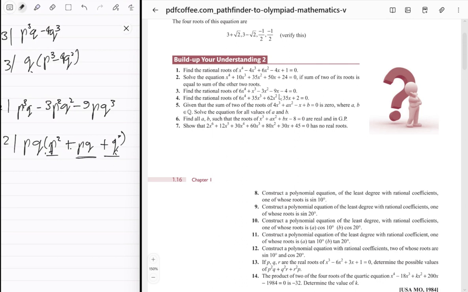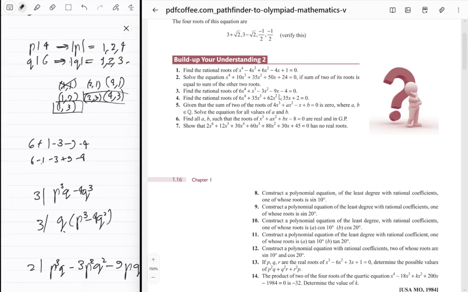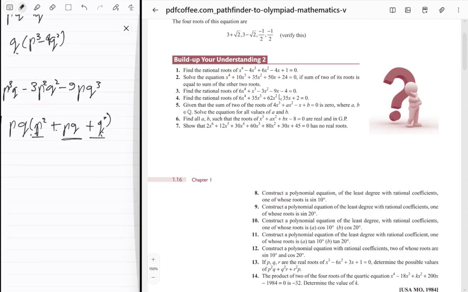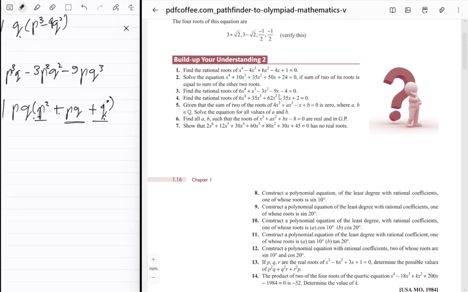Because one of them has to be odd, one of them has to be even. Okay, maybe that's not the best way to do so. If both are odd, what happens? This is getting weird. If both are odd, then P square plus Q square is an even number, and this thing is an odd number, which doesn't make any sense. If both are even, well, that's nice, but then they have a GCD, doesn't make any sense.